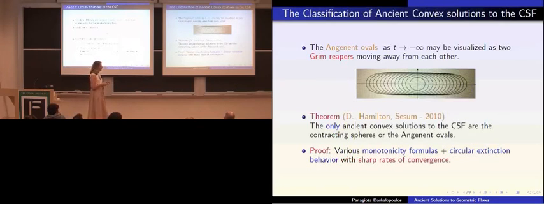So the other examples, except for the contracting spheres, are the so-called Angenent ovals. Angenent likes to call them paper clips.